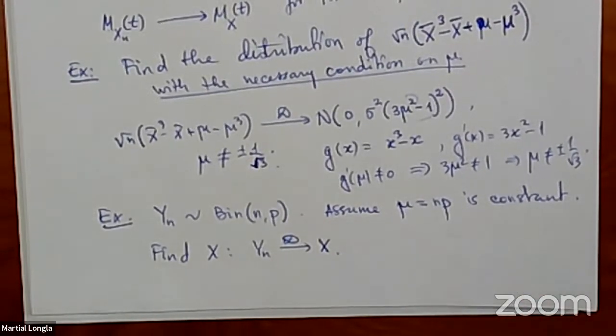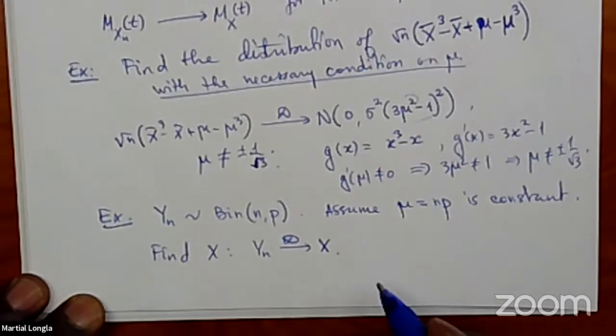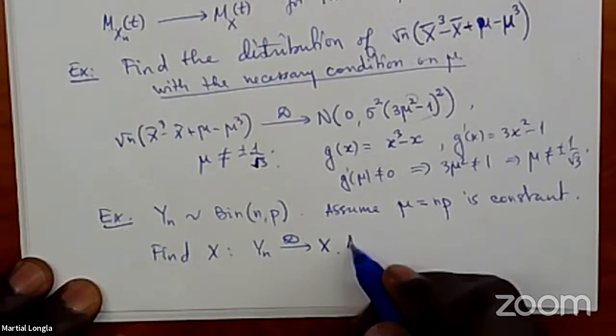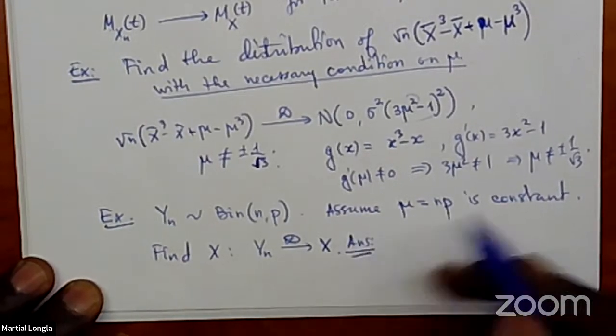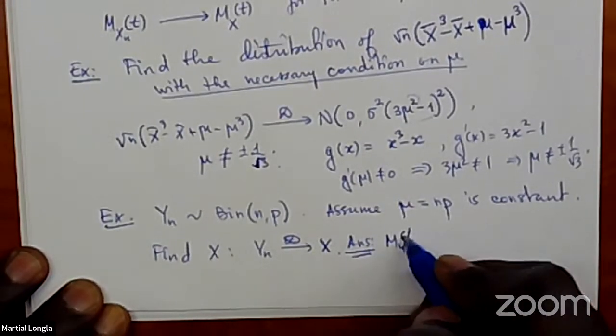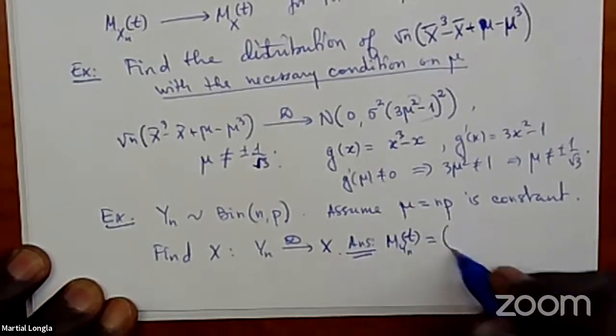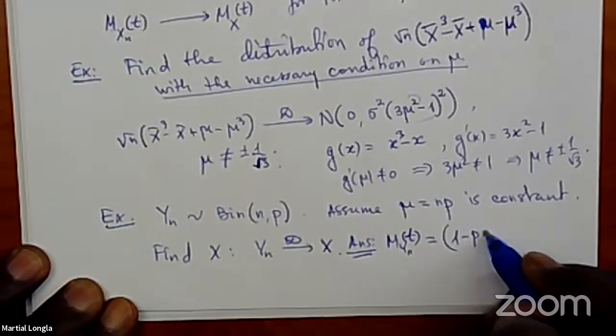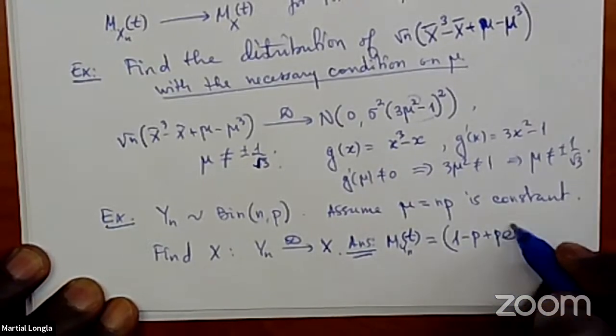To answer this question, because we're in a section on moment generating functions and we do know how to find the moment generating function of a binomial, we easily look at this and say, easy, right? M_Yn(t) equals, I've used this so much in this class, right?